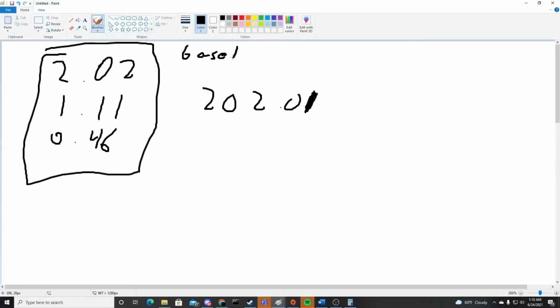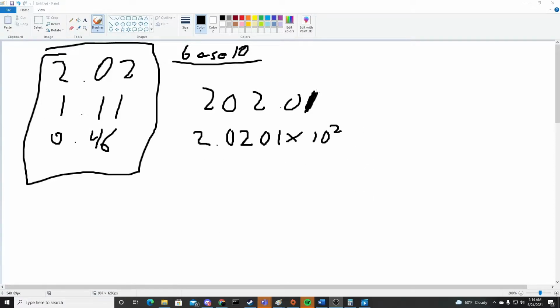I know we were just talking about binary a little bit ago, but right now we're working in base 10. If we had 202.01, we could represent this in scientific notation as 2.0201 times 10 to the second.